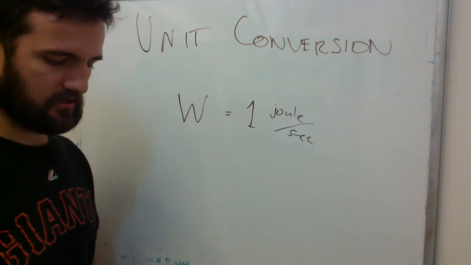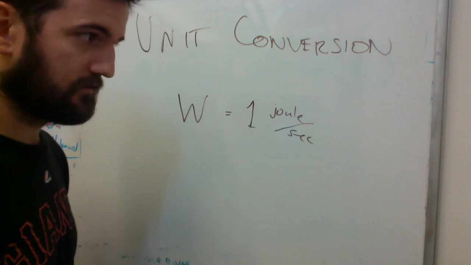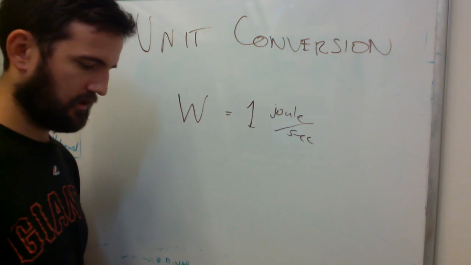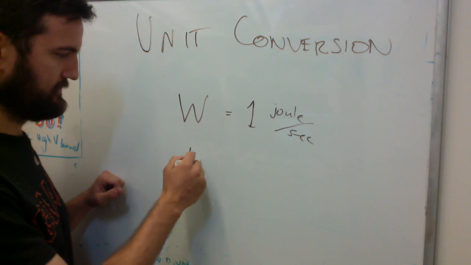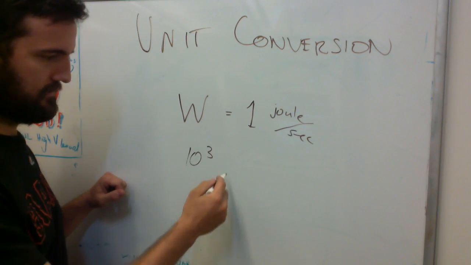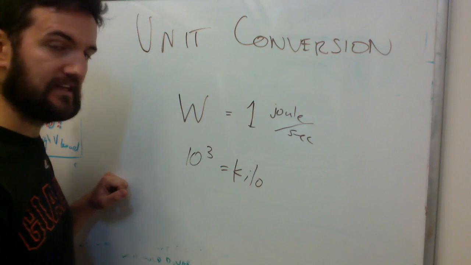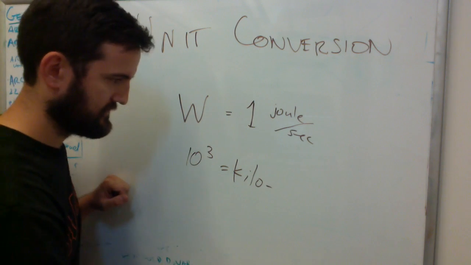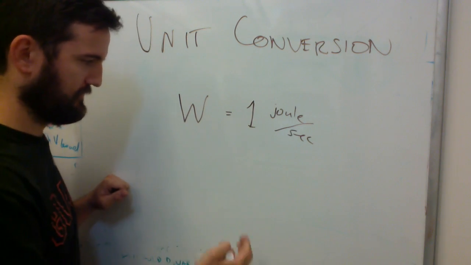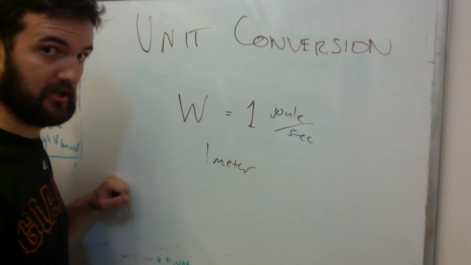And then there's a good math review that Professor Timmy's posted that shows you how to, like, let's say something is to the power of 10, or 10 to the 3. We call it kilo. That's the prefix. So for instance, if we have 1 meter, it's a meter.